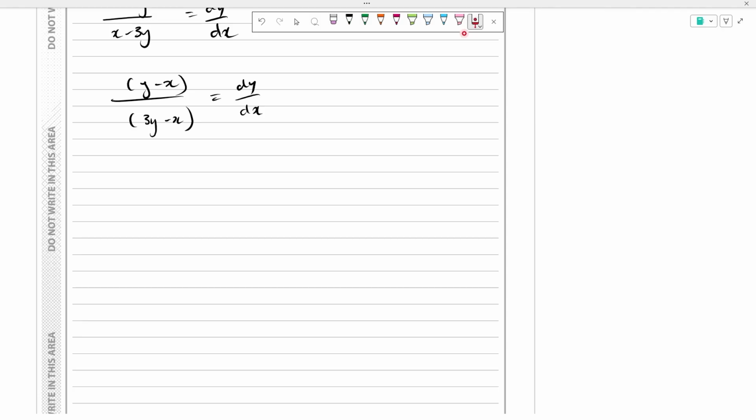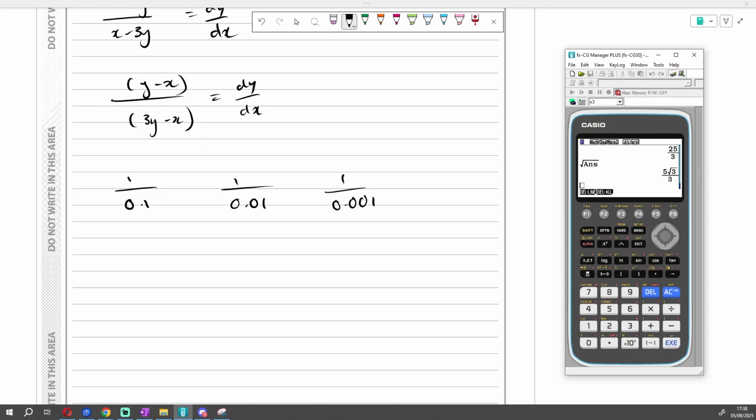The reason being is because if I have any fraction and I make my denominator really small, if I just sub it into my calculator here, 1 divided by 0.000001, you can see that's a really big number. Let me make it a bit smaller.